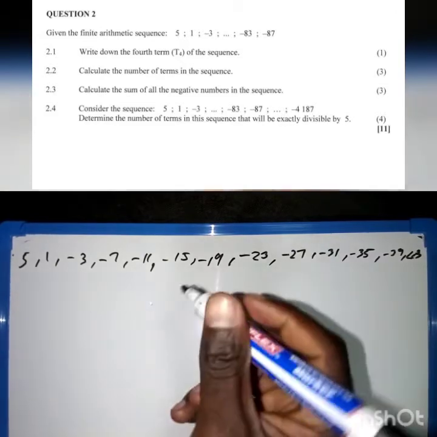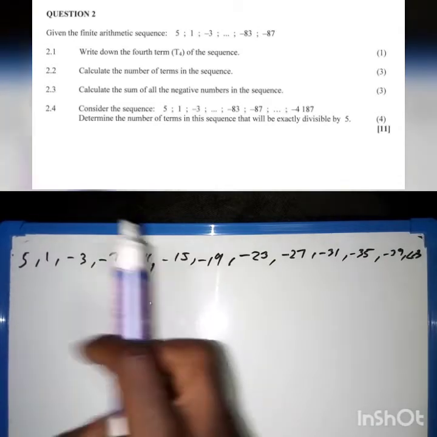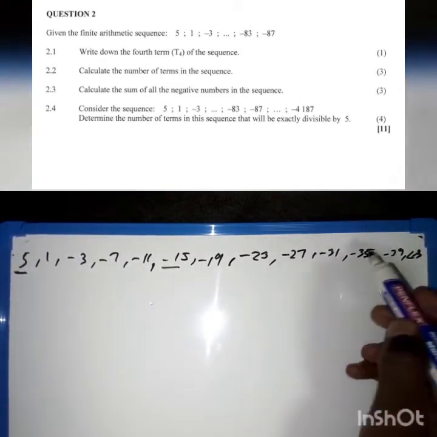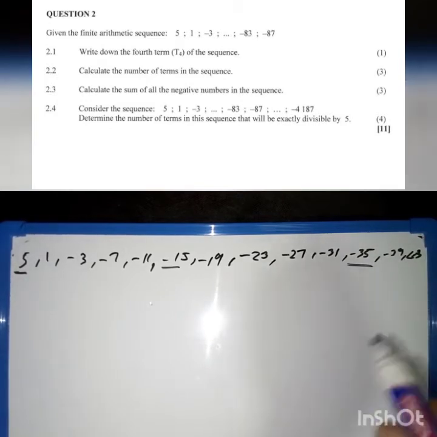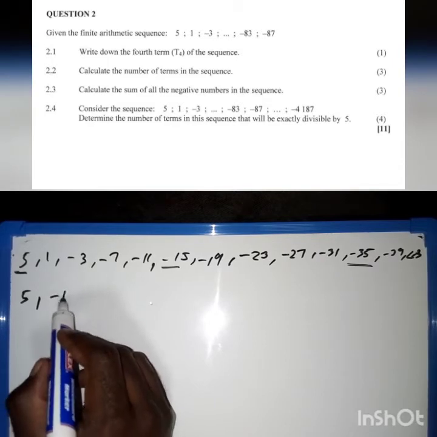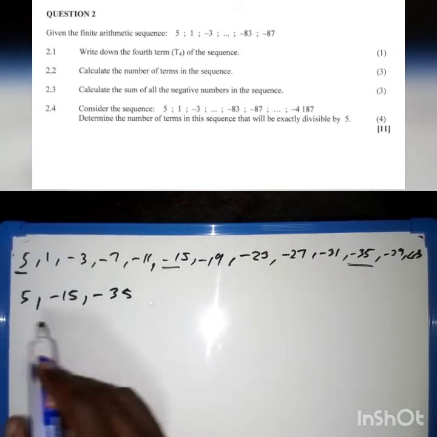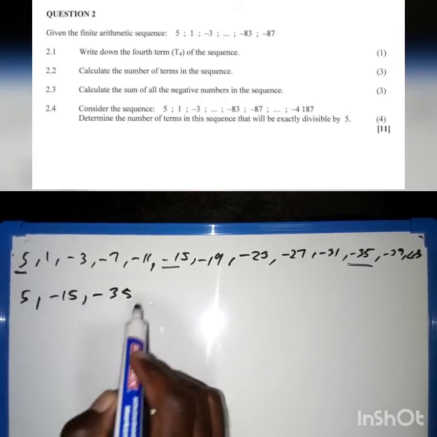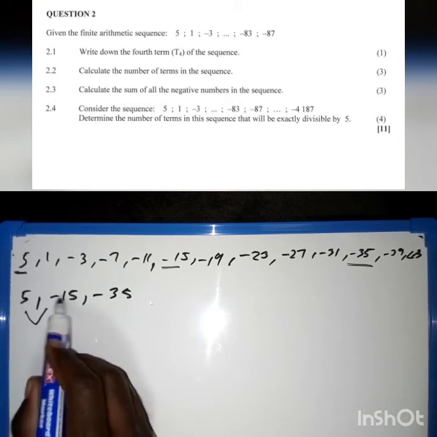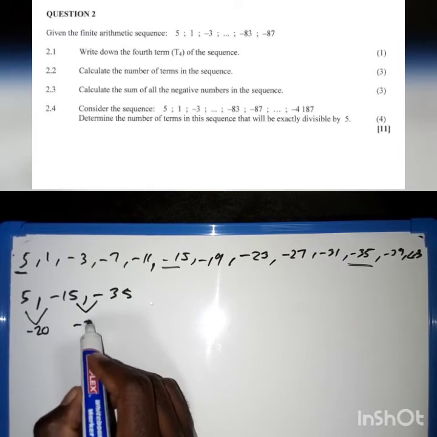Now looking at this, the numbers that are divisible by 5 here, we've got 5, we've got -15, we've got -35, right? So we have 5, -15, and -35. If we look at this, this forms a pattern in itself where your d is -15 minus 5, -20, and then this gives you -20 as well.